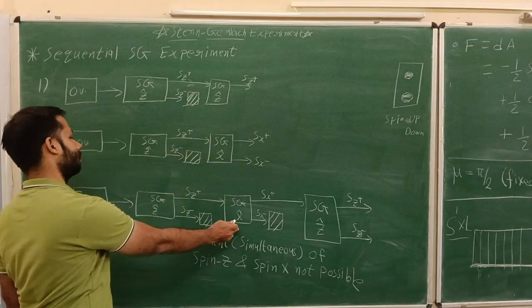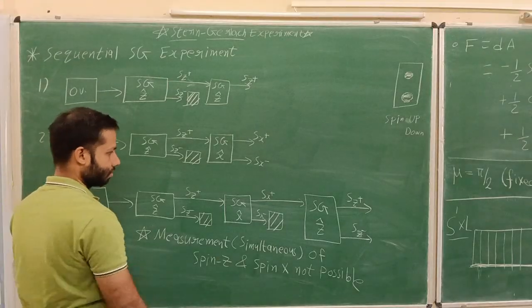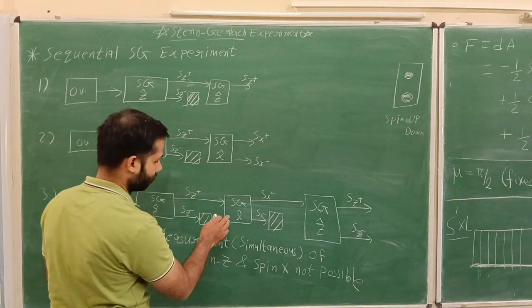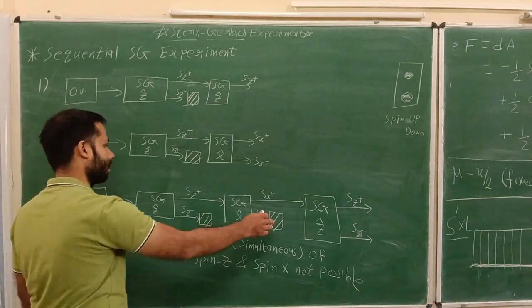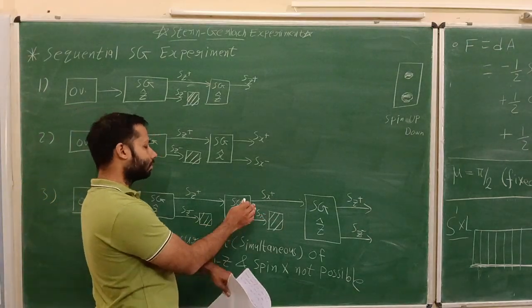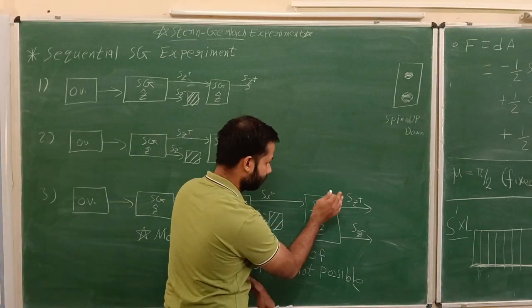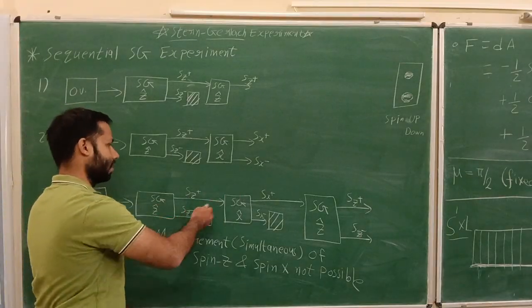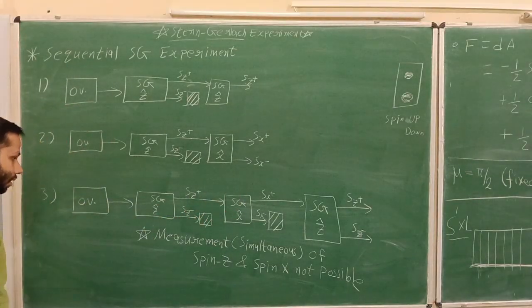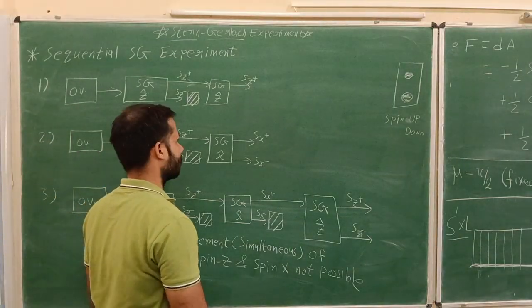This experiment destroys all of the information from the previous experiment. It's just a new game. Once you have done the spin X part, it doesn't matter what we have done previously, you start again. So it seems that the SX plus beam contains these two states, and similarly SZ contains SX plus, and of course so on. But remember that in classical mechanics there is no such problem.